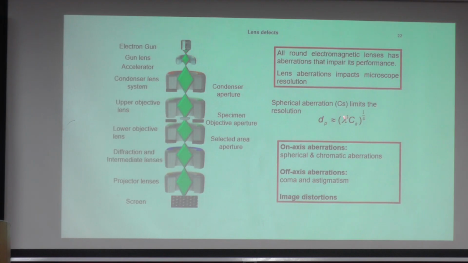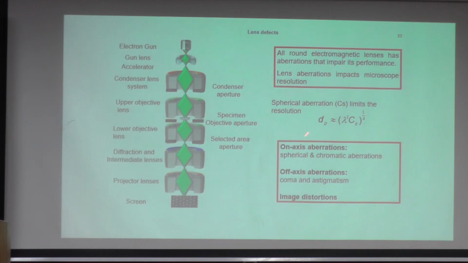It depends on the wavelength of the electrons, and it's also a function of CS. And CS is the aberration coefficient. So you can see, if you make this value small, we can get a nice resolution. So we can see how to manage and adjust this.